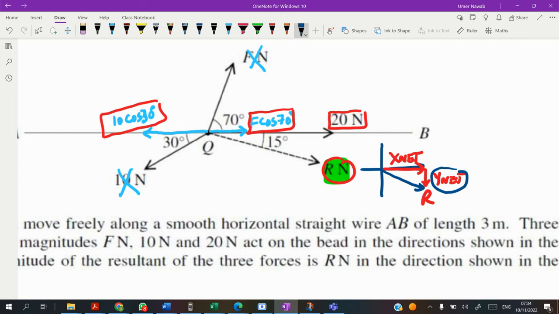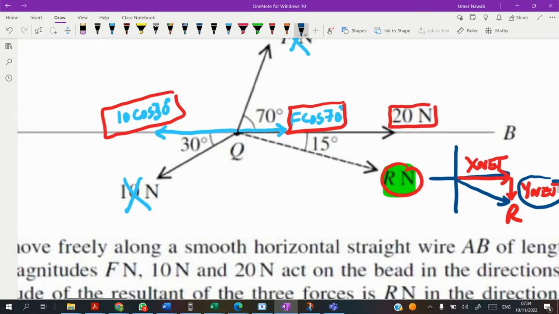If the resultant was not given, the general rule would be upward forces minus downward forces. But now I can locate the direction of R, that the net effect is downward. If the net effect is downward, it means downward forces are more. The sum of the downward forces is more than the sum of upward forces.